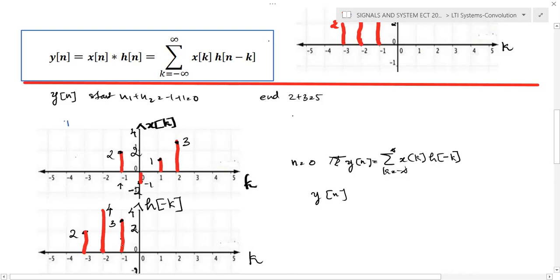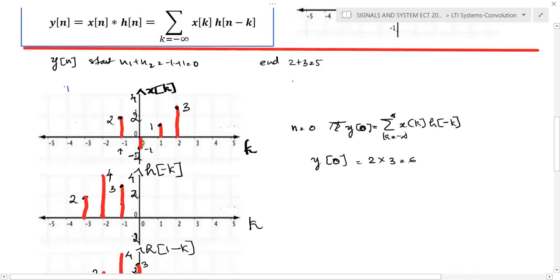So you'll get simply 2 into 3, which is equal to 6. In all other values, you will get only 0. So we don't want to evaluate any other value, because non-zero magnitude will be obtained only at k is equal to minus 1. So we got y of n, which is actually y of 0 when n is equal to 0. So you can write y of 0.